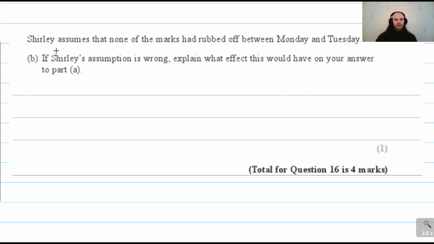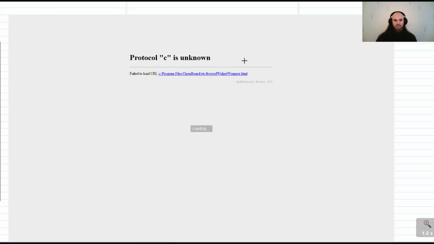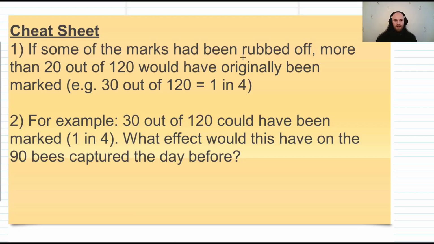Part B: Shirley assumes that none of the marks had rubbed off between Monday and Tuesday. If Shirley's assumption is wrong, explain what effect this would have on your answer to part A. If we go to the cheat sheet, if some of the marks had been rubbed off, more than 20 out of 120 would have originally been marked.